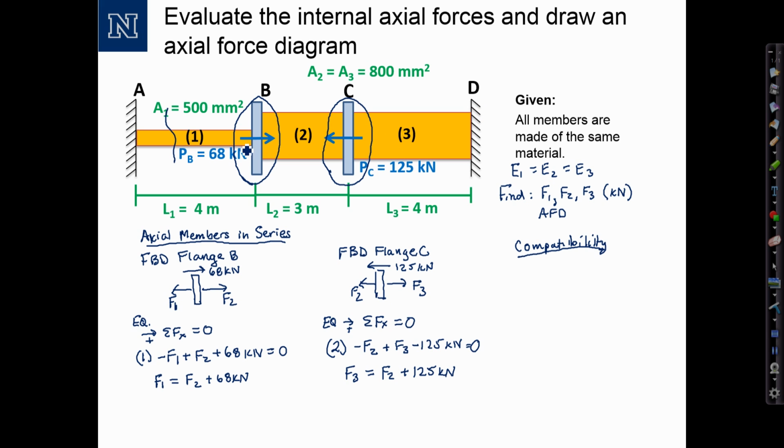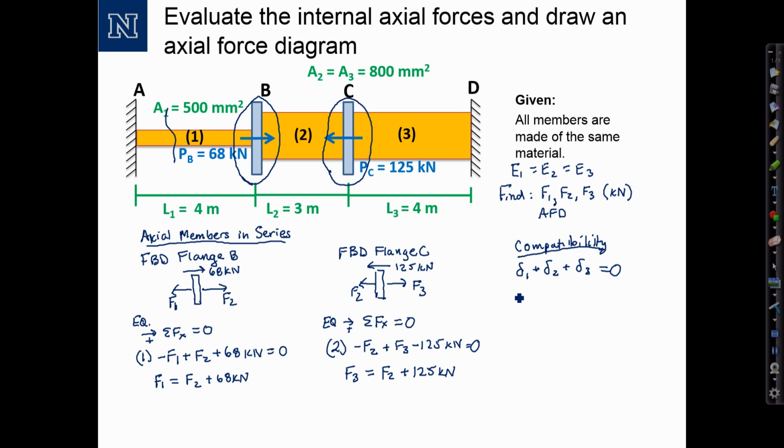So that means the sum of all the internal deformations, which is the total deformation at joint D, has to be equal to 0. And I will write that as delta 1 plus delta 2 plus delta 3 equals 0. This is always your compatibility equation. For axial members connected in series, the total deformation is equal to 0.